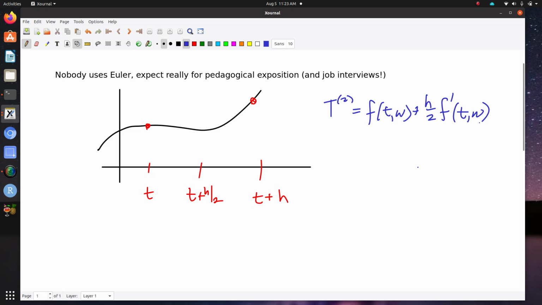So we sampled right about here what f should be, and then we went over and said, well, we're going to use a component of the second derivative to estimate the second derivative over here. So we're going to estimate the second derivative at our home base and try to use that to shoot out and hopefully adjust our actual derivative that we're using.